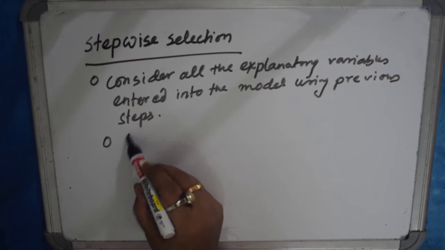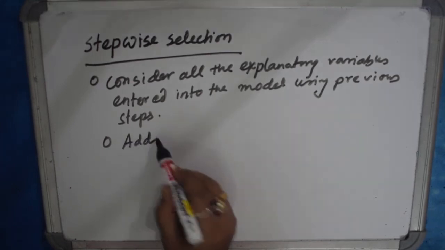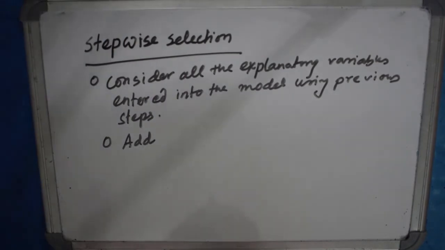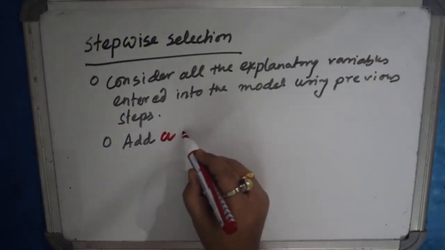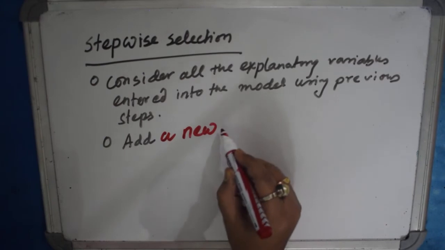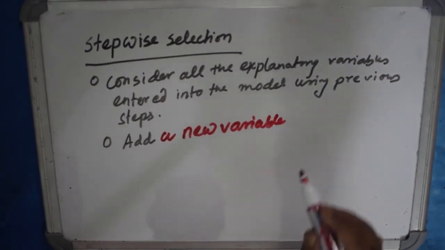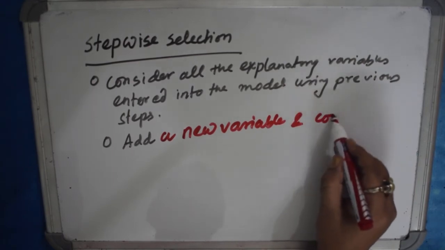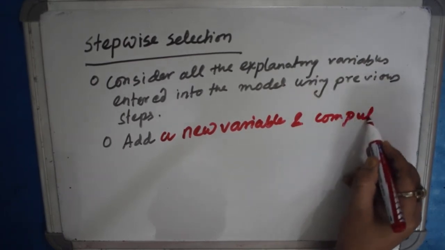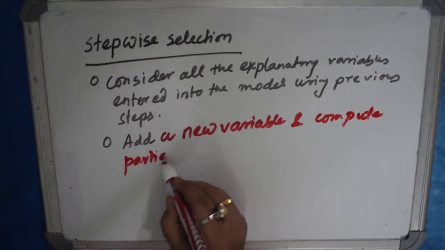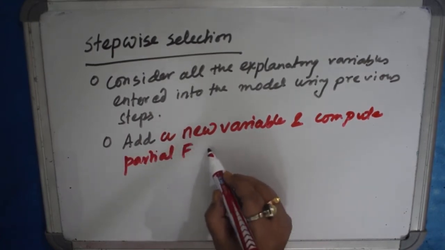Second, add a new variable and compute the partial F statistic.